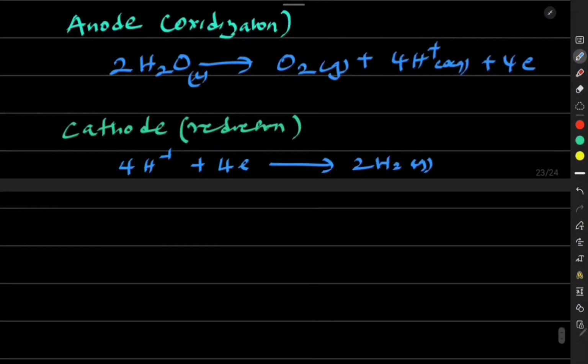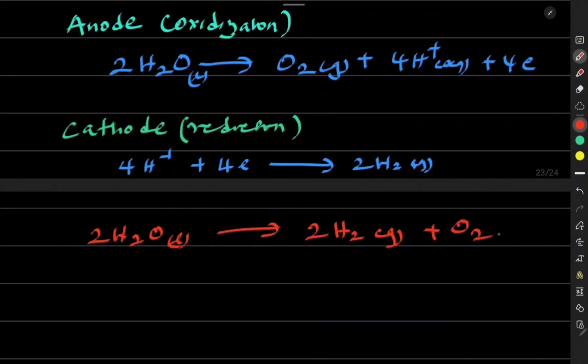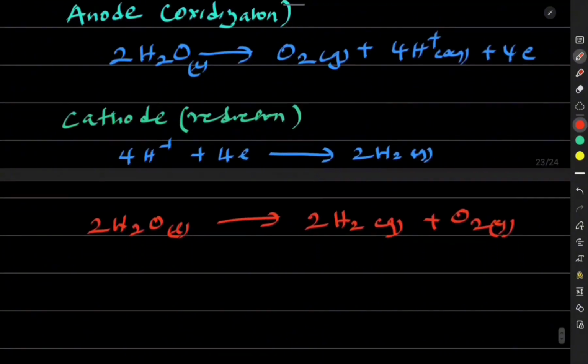If you consider the overall reaction, it is 2H2O liquid forms 2H2 gas plus O2 gas. If we look at the overall reaction, we can say that the H2O concentration does not affect the electrolysis.